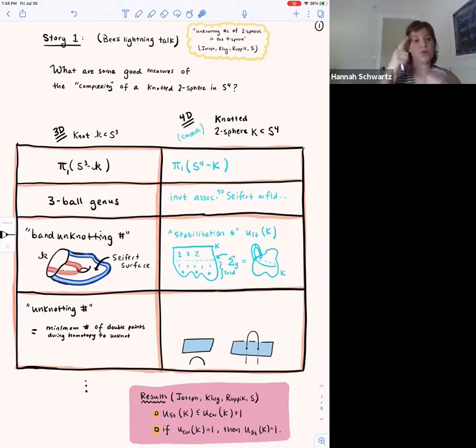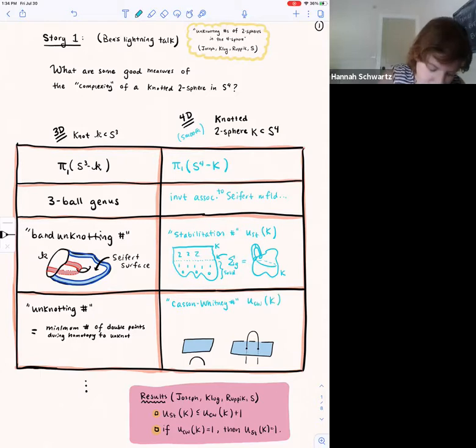So the number of crossings you need to change to get to the unknot, basically. Again, there's an analogous notion for a knotted 2-sphere in S^4, and we'll call this the Casson-Whitney number of the knot. I'm going to write, again, a U for the unknotting number, and then CW for the Casson-Whitney number of the knot K.